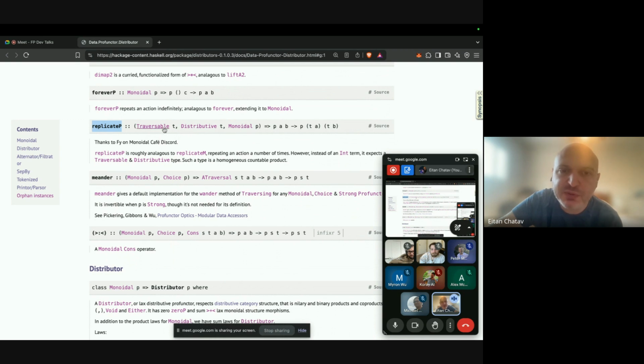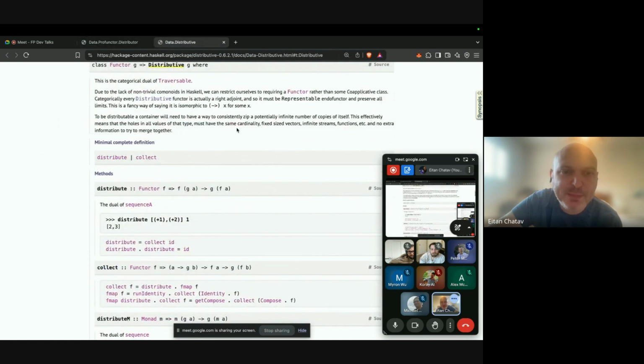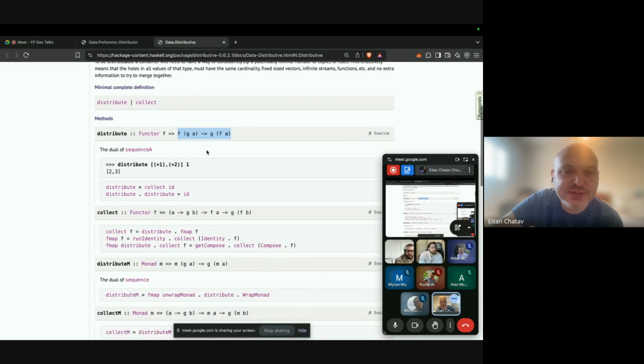Now, I know everybody's familiar with traversable, but distributive is probably less well known. But distributive is the categorical dual of traversable. So it has the opposite of sequenceA here, called distribute. Okay.